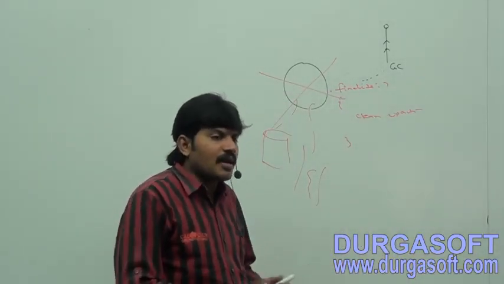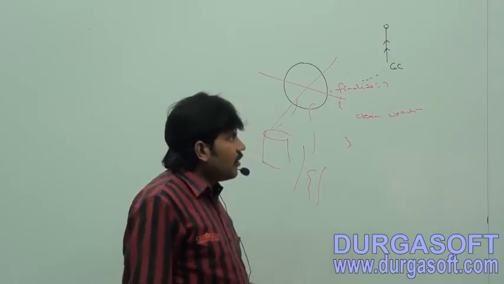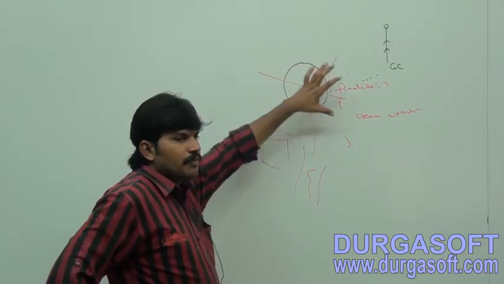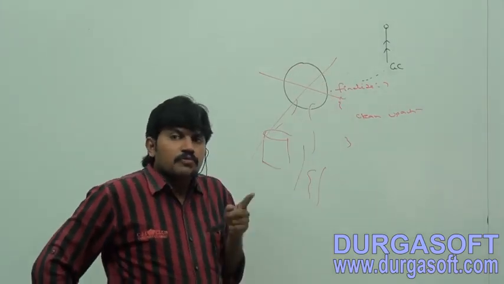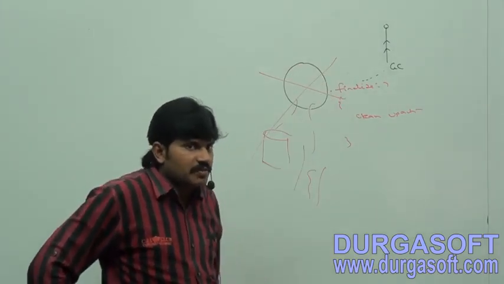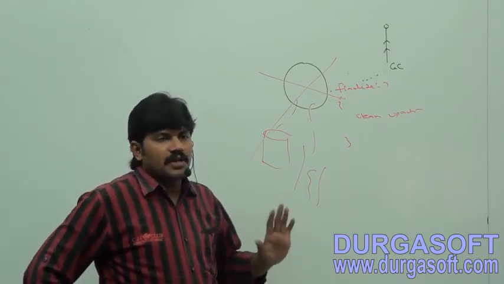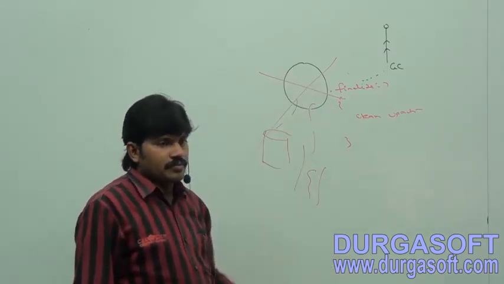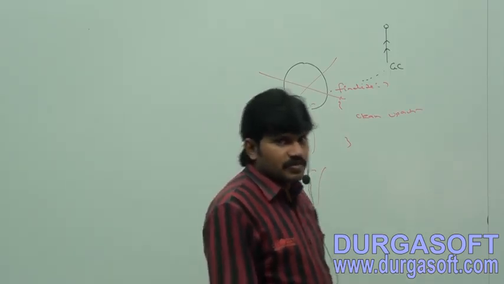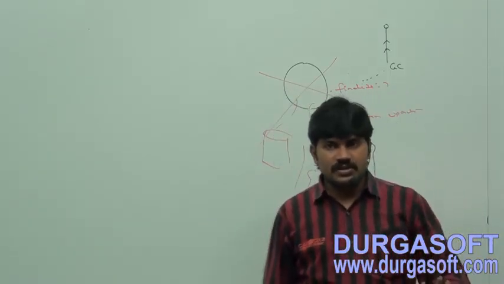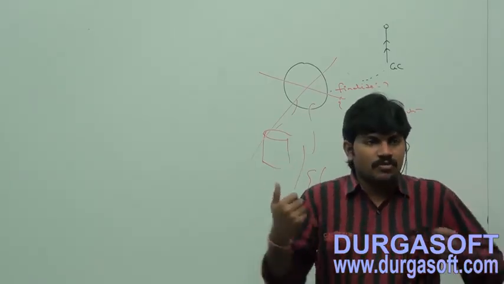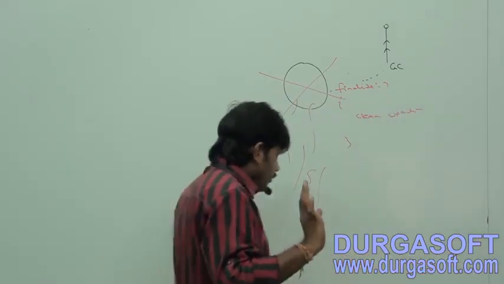When does the garbage collector call the finalize method? Just before destroying an object. For which purpose? To perform cleanup activities, right? Any explanation required? Just before destroying an object, the garbage collector calls the finalize method to perform cleanup activities. You should have this knowledge, because WeakHashMap everything is with respect to the garbage collector only. That's why you should be aware, right?